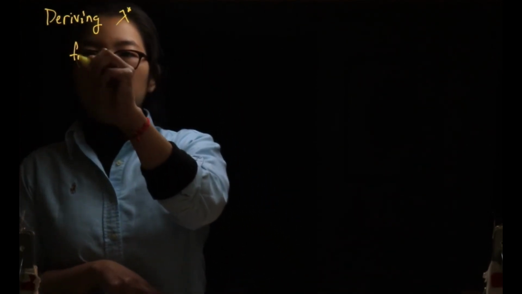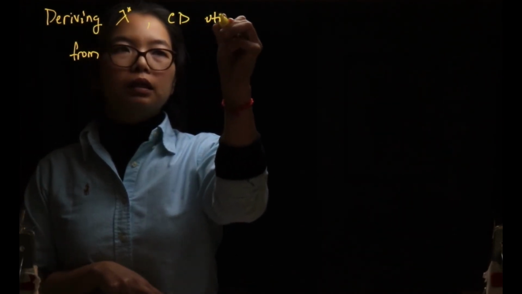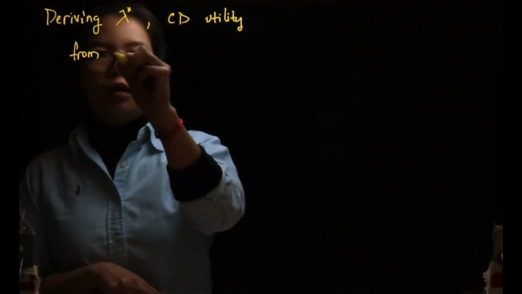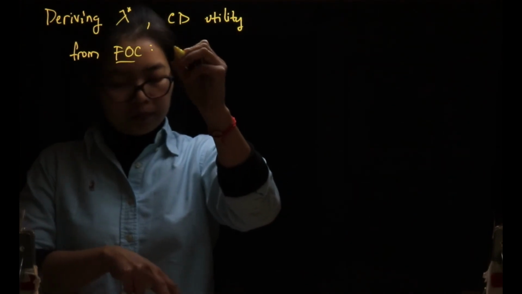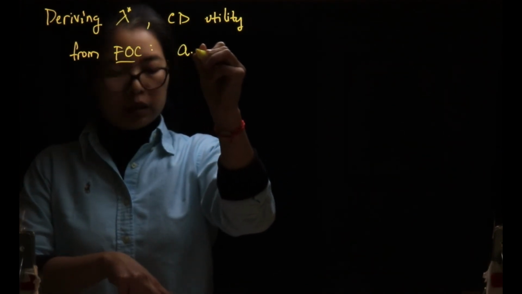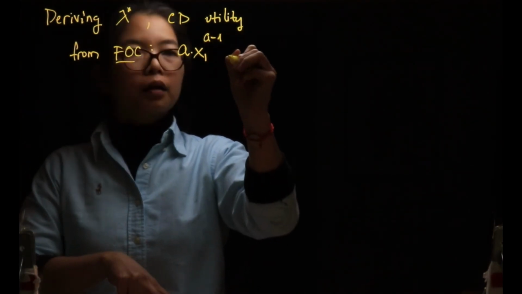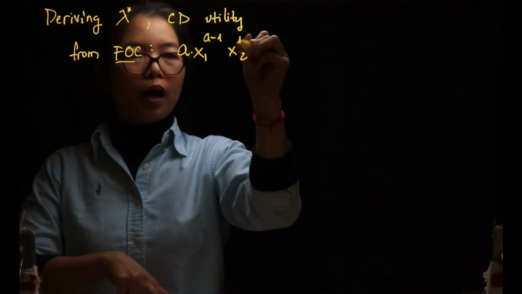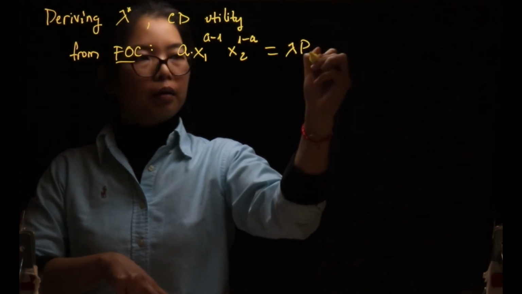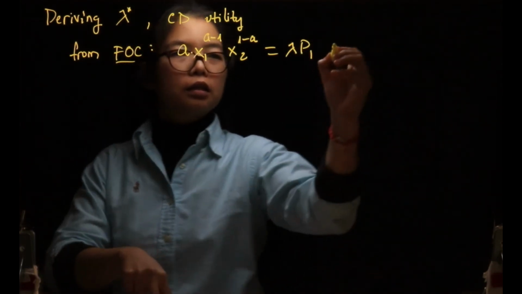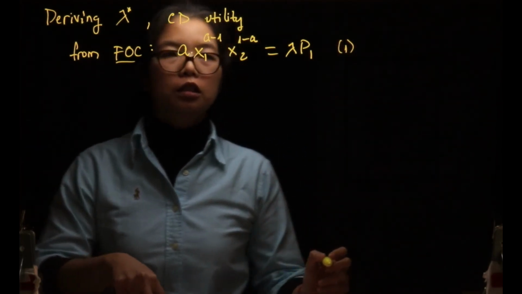Now, from our CD utility, from our first order condition, we already got that a times x1 to the power of a minus 1 times x2 to the power of 1 minus a equals lambda p1. So this is the first equation in the first order condition.